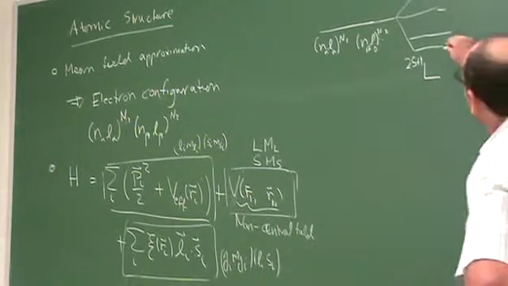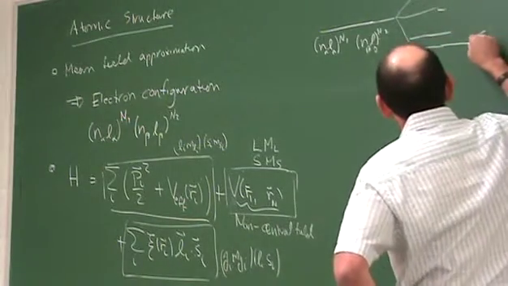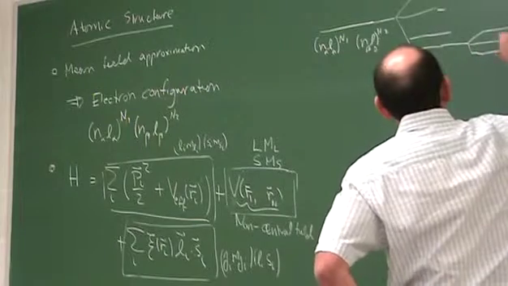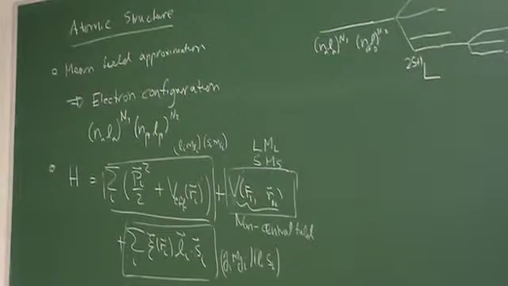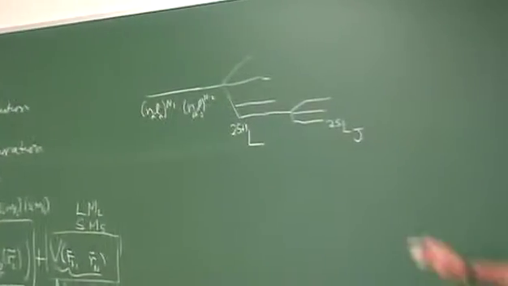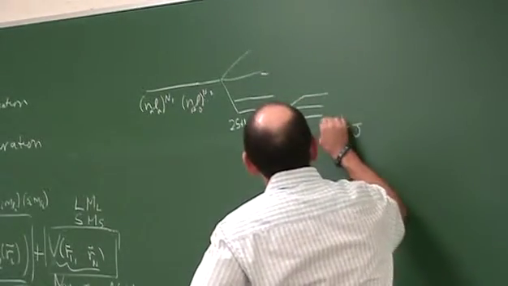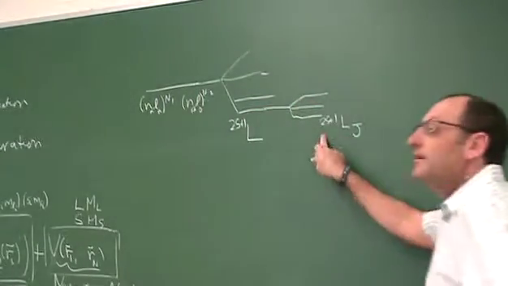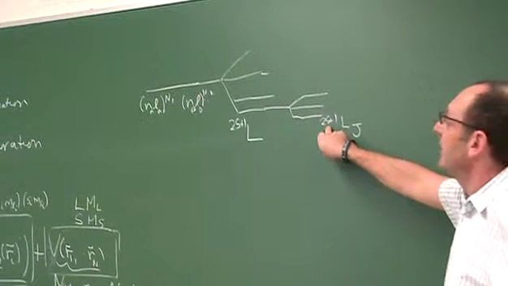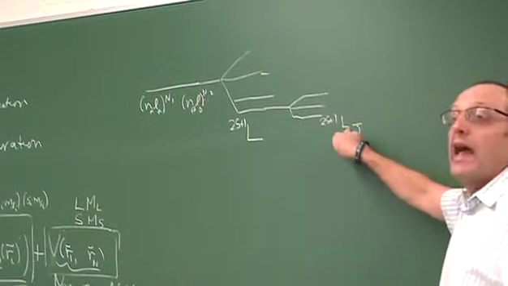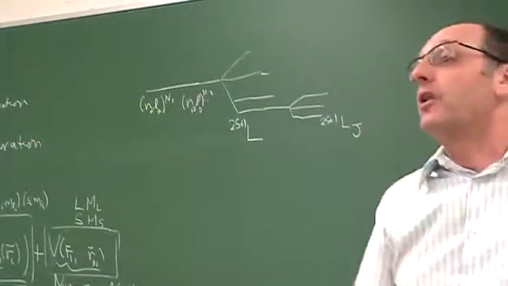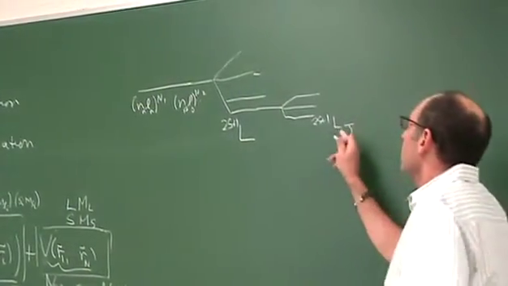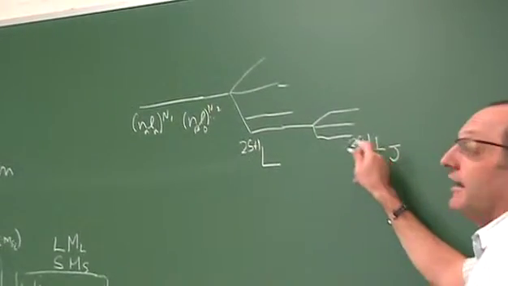And then these individual levels are split up due to the fine structure, or the spin-orbit coupling, and we denote these in terms of the multiplicity, the total orbital angular momentum L, and then the total electron angular momentum, which is the combination of L and S.